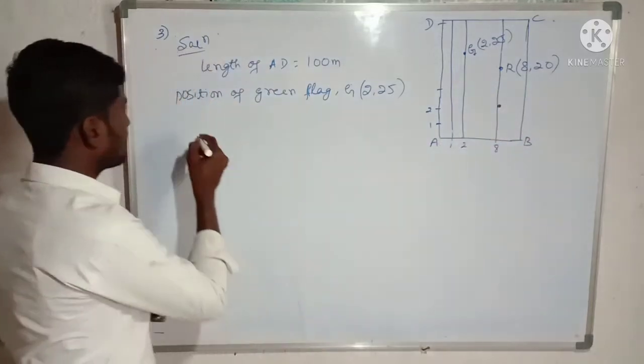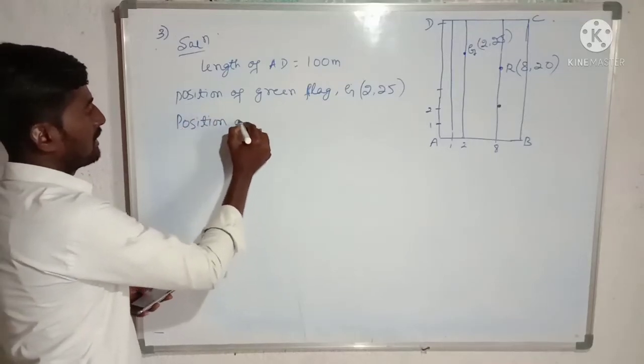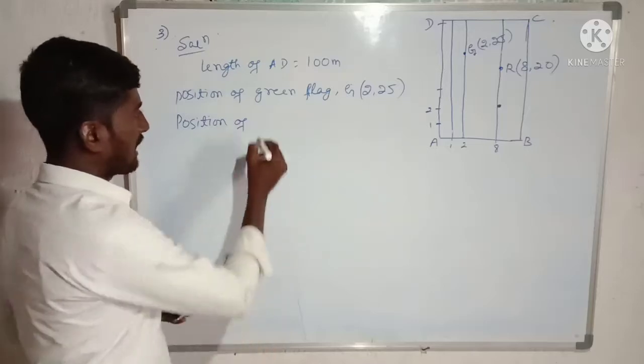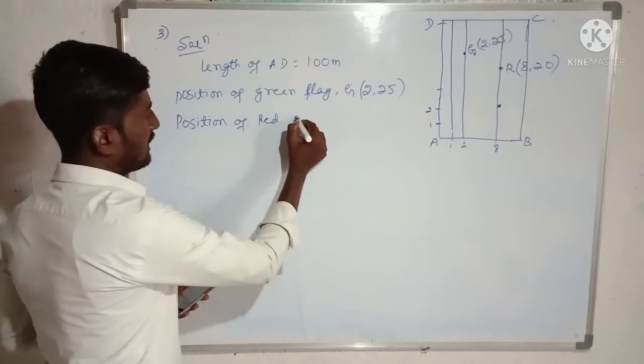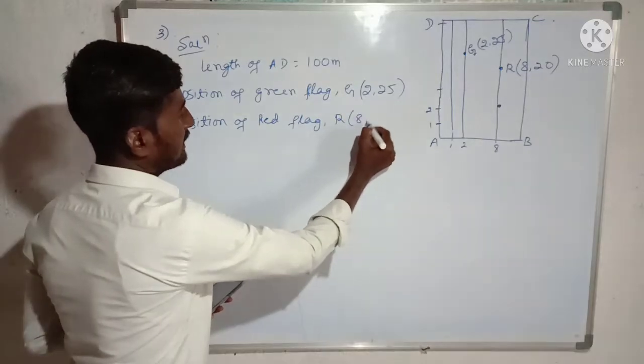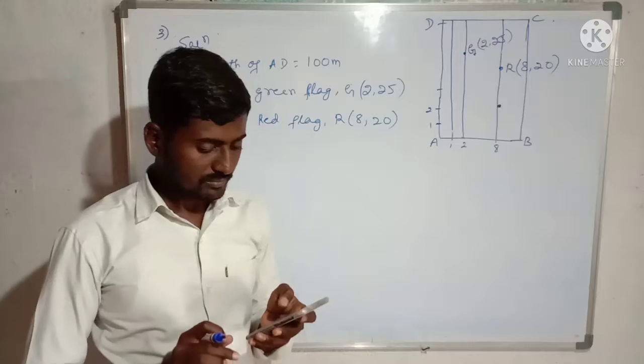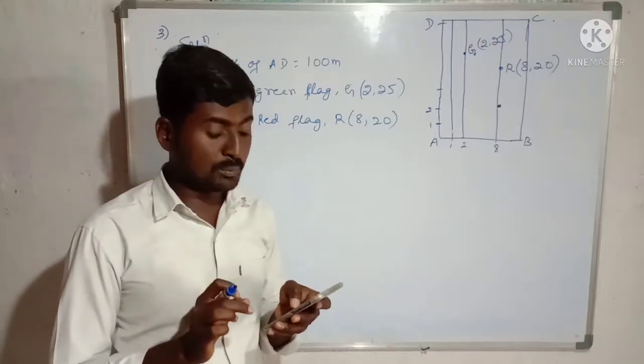Now what can I write here? Position of which flag? It is red flag. That I have taken as R. 8, 20. Right?